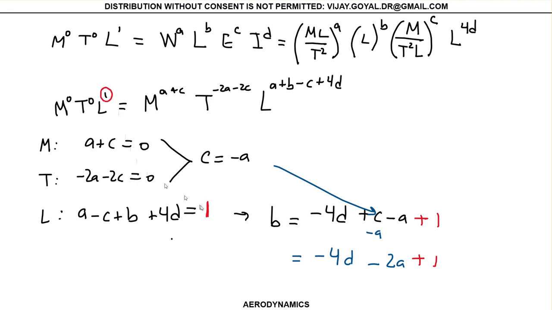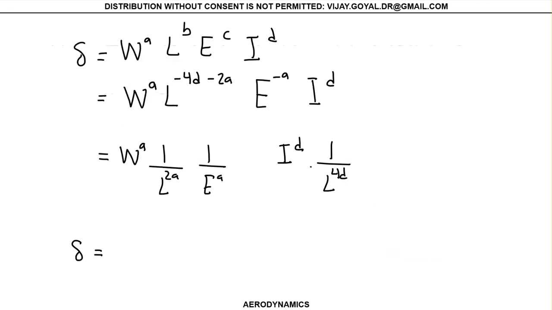It's not equal to 0. It's equal to 1. So then this is plus 1. And then I have L to the 1 floating around.